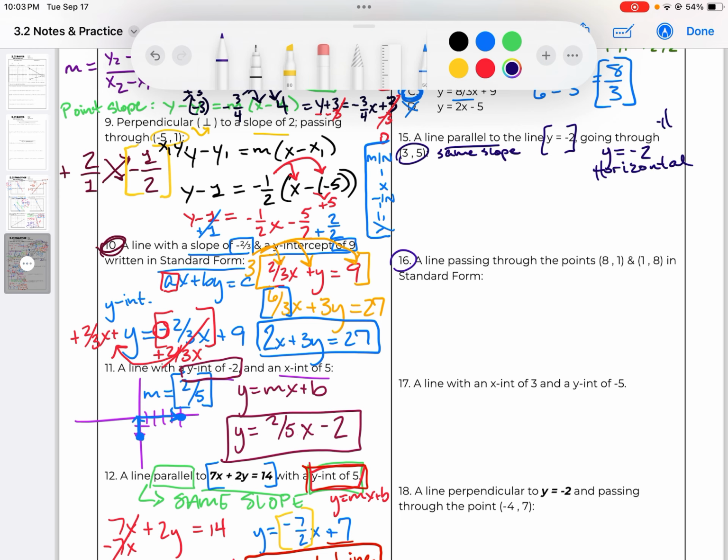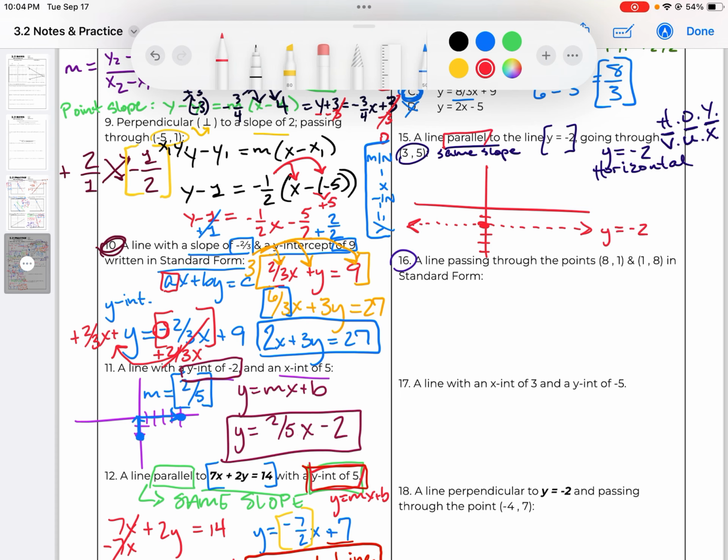If you don't remember from last class, a horizontal line has a 0 slope and is written as y equals a number. So in this case, y equals -2 is a horizontal line that crosses down here at -2, and it just goes horizontally forever. That's y equals -2.